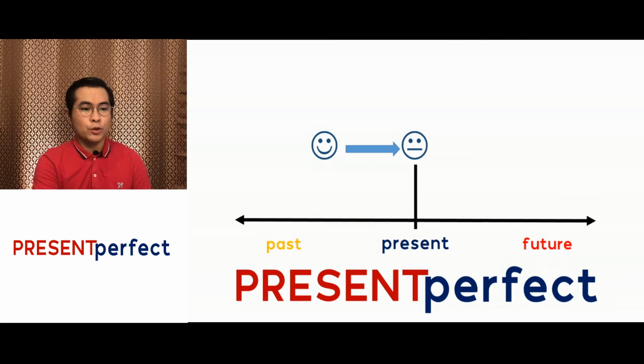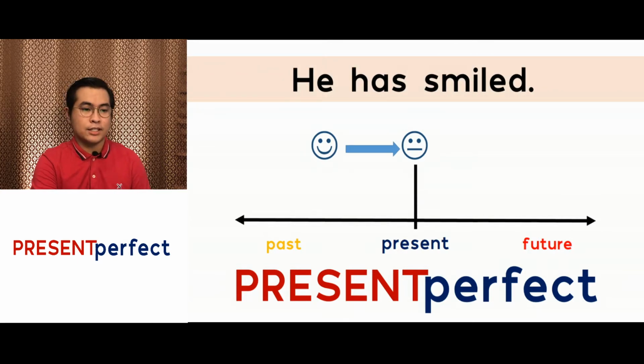Okay, so let's have an example sentence. Using again this graphical representation, we have: he has smiled. So in this picture, you have the present perfect has smiled in this area, wherein when it was reported in the now or in the present, it's actually done somewhere here. And the effect is the person that is being described might not be smiling anymore in the present.